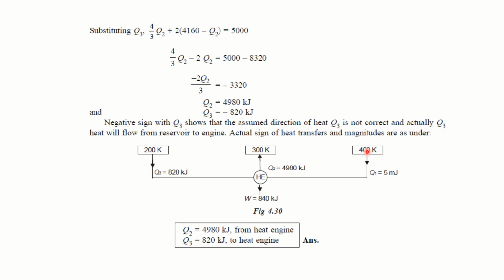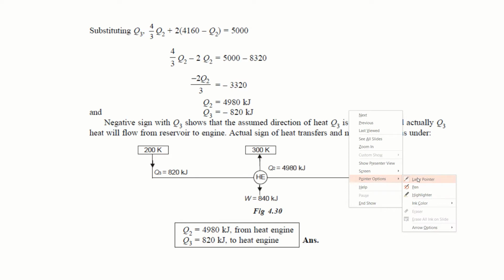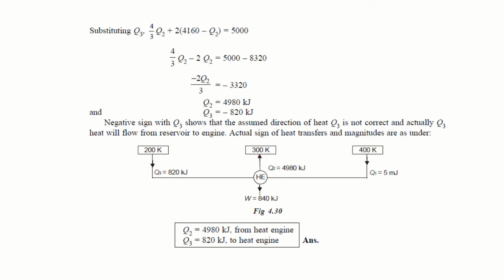So here you are taking from 400K, that is positive. Again, there is a mistake here. Q2 is positive. So this should be positive. This is again positive. This is my negative. It is negative.